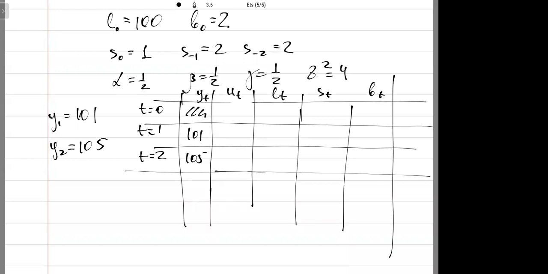So let's work. Starting values: L0 is 100, S0 is 1, B0 is 2.